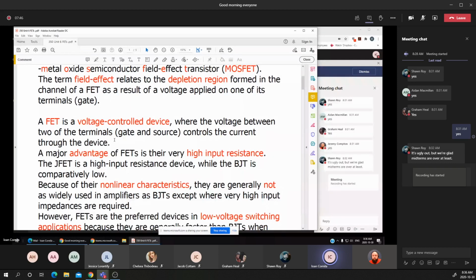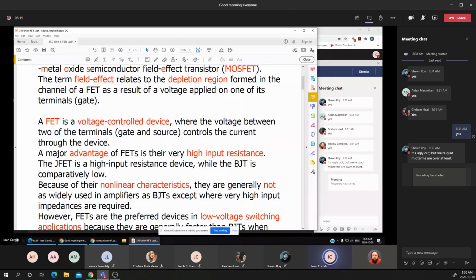Another major difference between the two transistors: an FET is a voltage control device. A BJT is a current control device. The major difference is there is actually no current, or a very low current, that is required to control an FET. Theoretically it is zero.